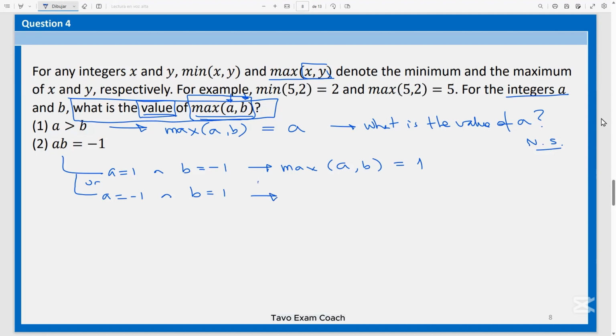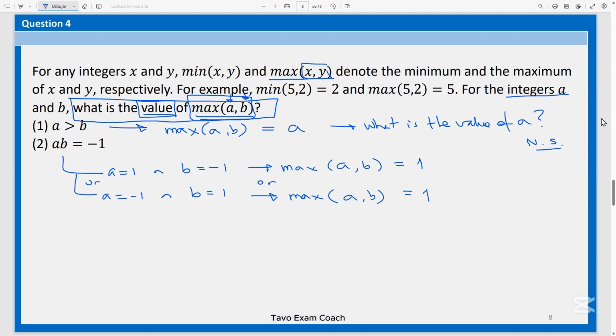And in the second case, the max of A and B would again be 1, because if we compare 1 and -1, no matter in which order we compare the numbers, the greater of the two has to be always the positive one. So 1 is the unique possible answer to the question.